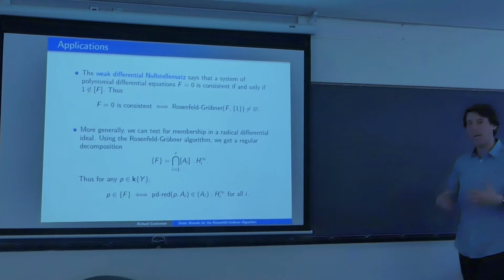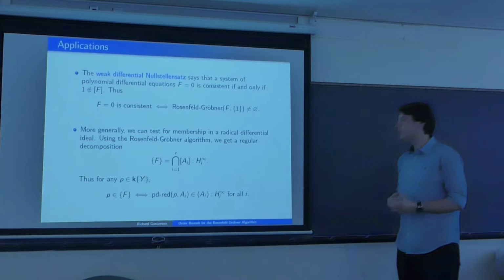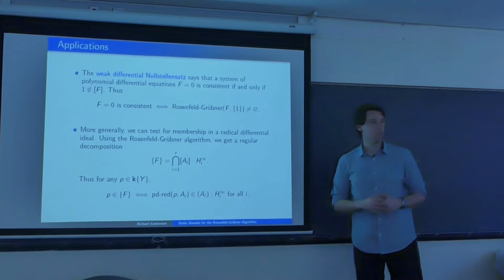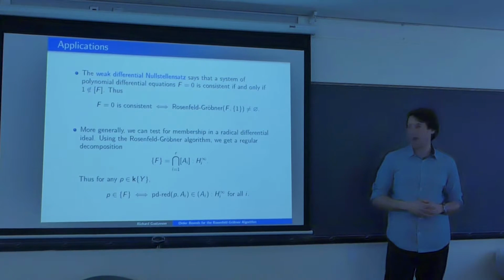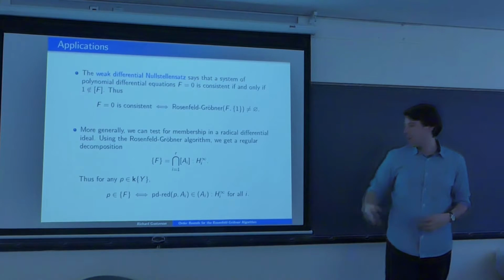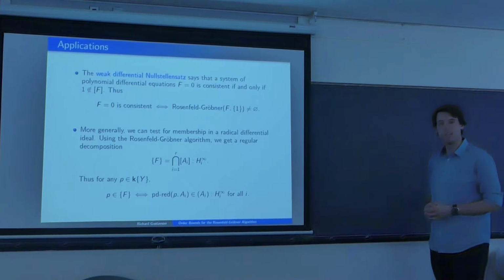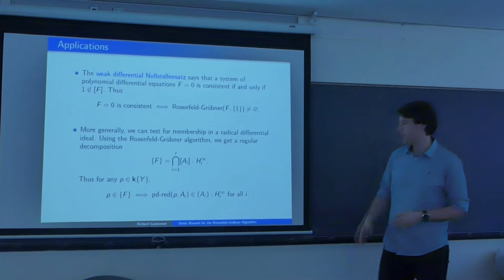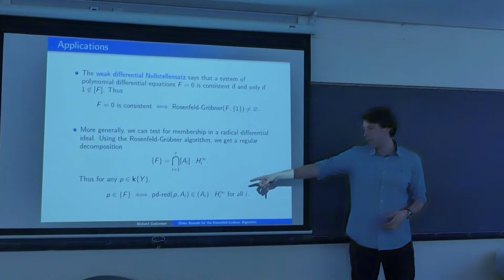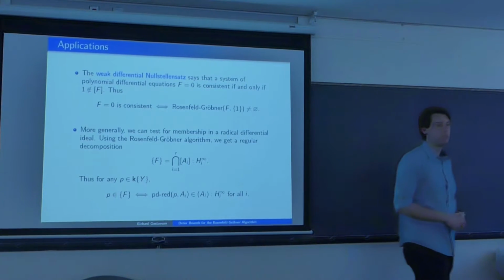More generally, we can now test for membership in a radical differential ideal. We apply the Rosenfeld-Gröbner algorithm to our system f and get a regular decomposition. Then for any polynomial p, we know p is in the radical differential ideal generated by f if and only if the partial differential reduction of p by A_i is in this algebraic saturation ideal for every i.